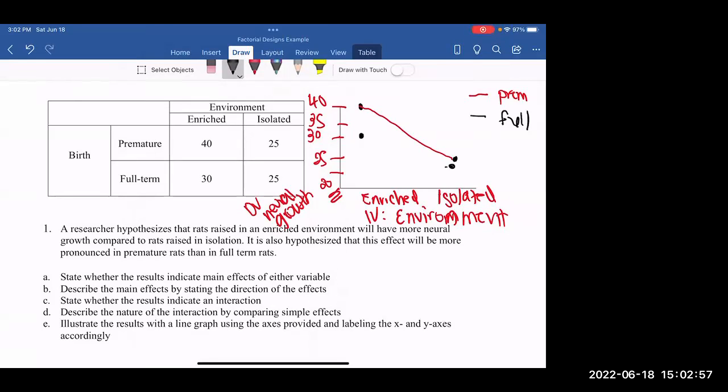So then we are going to plot the second line.